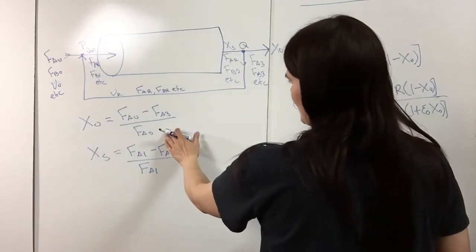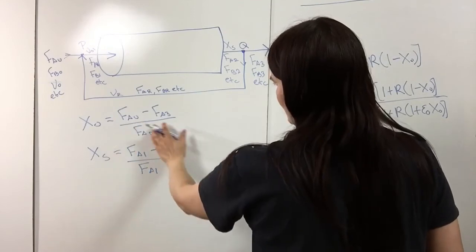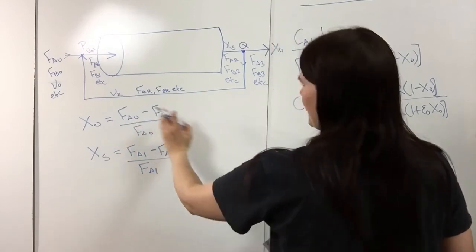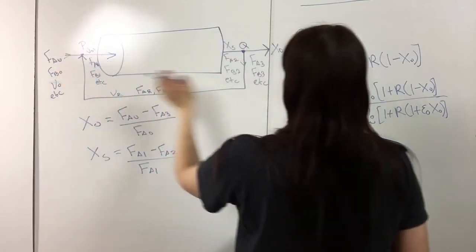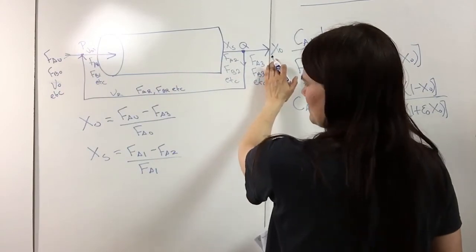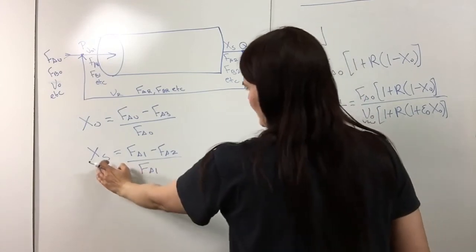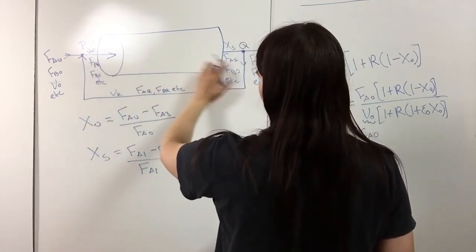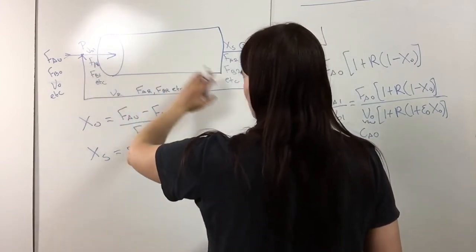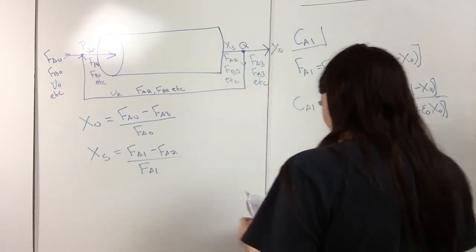So X naught is basically the conversion from Fa naught minus what you have left divided by Fa naught, and then the pass is just over the reactor, so over these points.